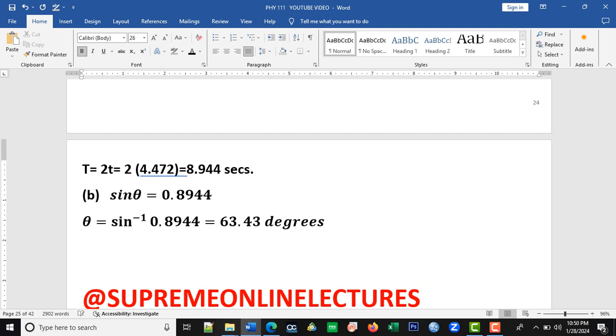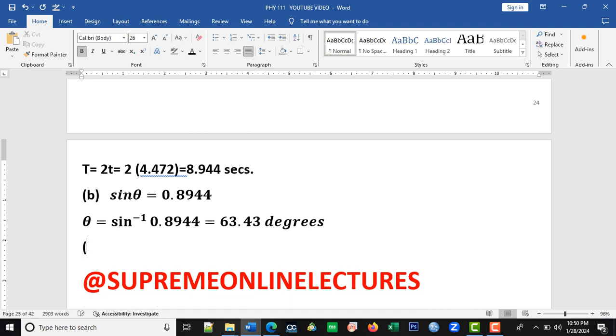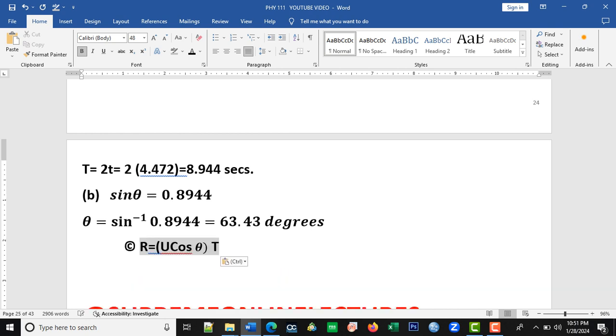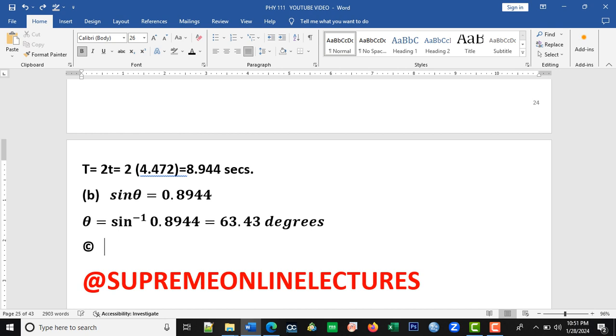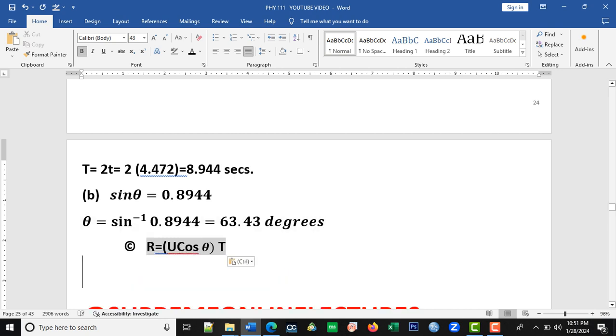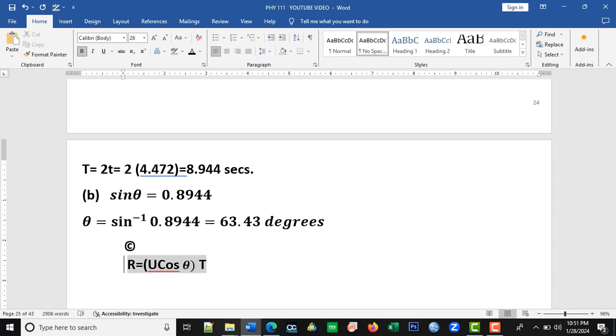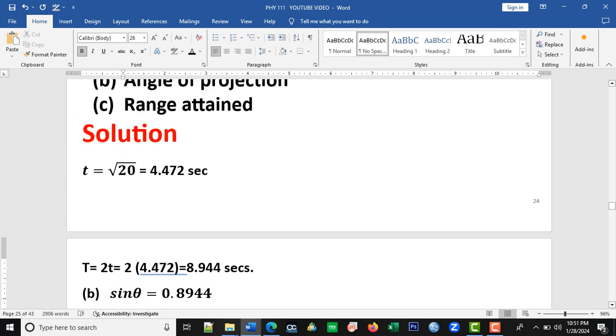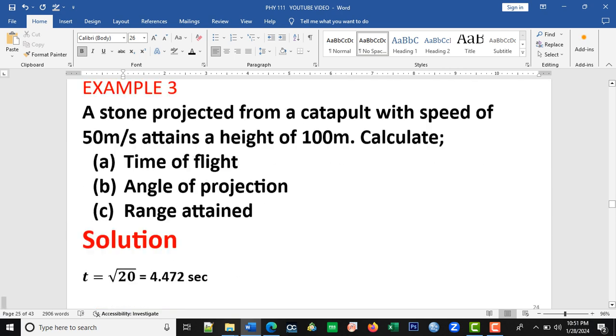Okay, so option C. This is the formula. What's this one? U, theta, and time of flight. My theta is 63.43. My U, initial velocity, what was it? 50.